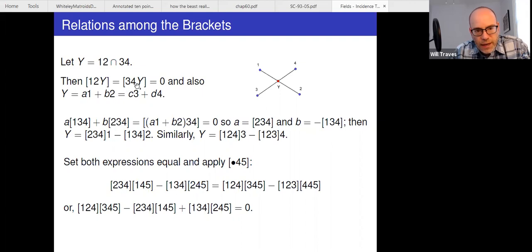So when you plug it in, you get a times 1 plus b times 2 for the y. And by multilinearity, when we expand that bracket, you get a, this constant, times 1, 3, 4, plus the constant b times 2, 3, 4.